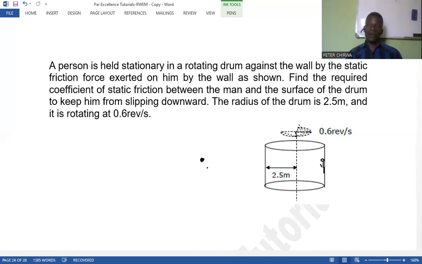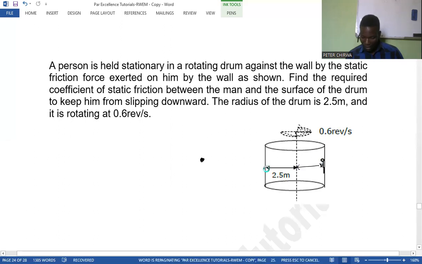You get it? I know it's difficult, or the person has to be very thin, which is not true, let's say. But for the sake of the question, we are going to assume that the distance the man is from the center is the same as that. So that is the assumption that we are going to make.